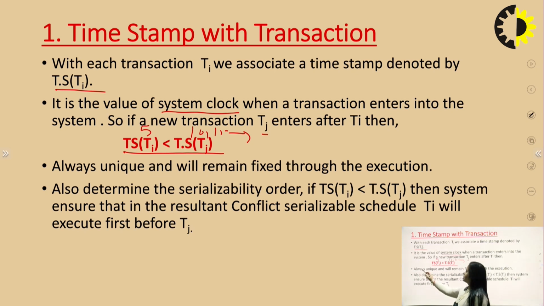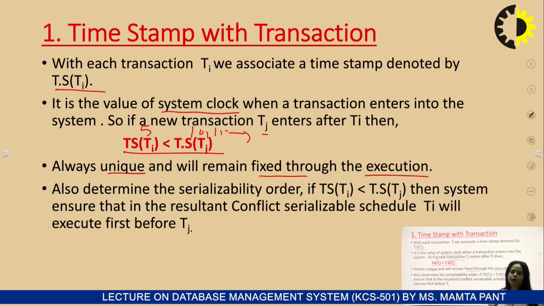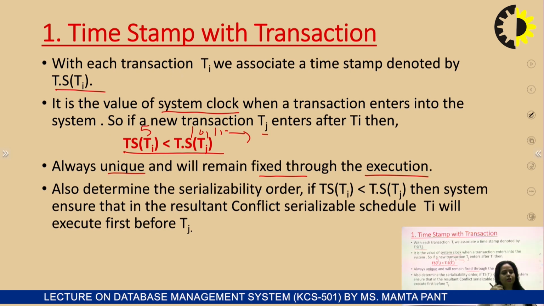Next, the timestamp of a transaction is always unique and will remain fixed throughout the execution. You can take it like your date of birth. Every person has a single date of birth, such that every transaction has a single timestamp. If you need a second date of birth, you need to die and be reborn, then you get a new date of birth.